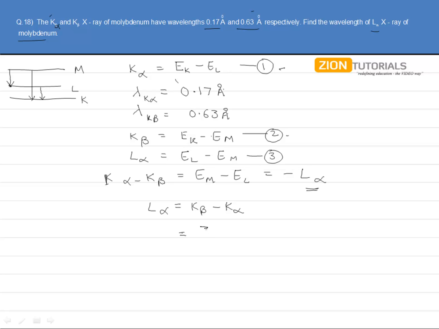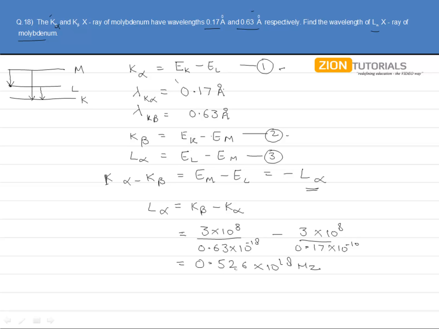So the same thing over here. We are doing c, that is the light speed, upon the wavelength, that is 0.63 into 10 to the power minus 10, minus K alpha, that is 3 into 10 to the power 8 over 0.17 into 10 to the power minus 10, giving us 0.526 into 10 to the power 18 Hertz.